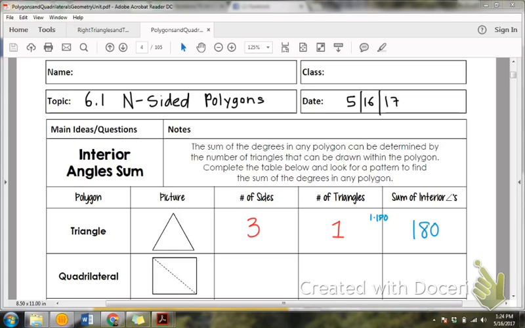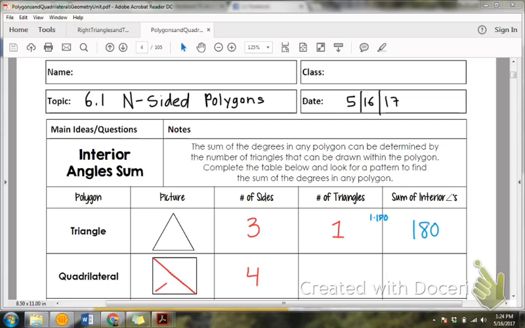Let's look at the second one. It's called a quadrilateral. It looks like a rectangle, but the official name is a quadrilateral, and quad means what? 4, right? Quadruplets, a quad runner, those are all 4 things. So there are 4 sides, and you can see here they've drawn from here to here is only 2 triangles.